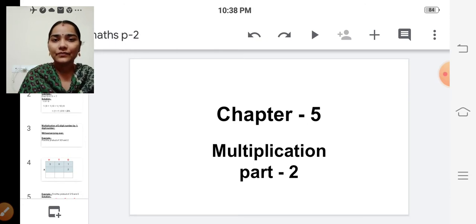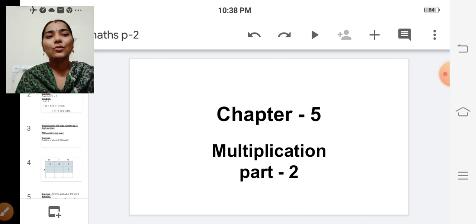The third one: if we multiply any number by 0, then the product is always 0. Next, we have seen some patterns in the multiplication tables. These are all the things we learnt in the last class.